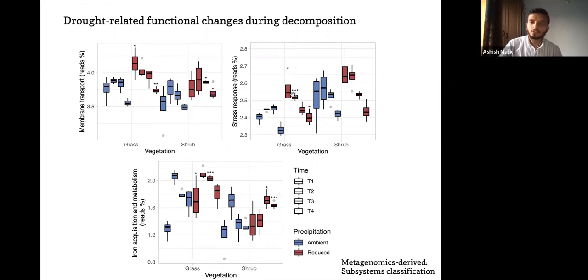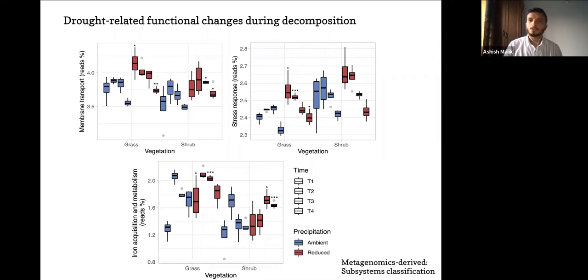Higher amount of genes annotated to stress response functional categories, both in grass and shrub, although in shrub it wasn't significant. And ion acquisition and metabolism as well, significant at many of the time points, both in the grass and the shrub vegetation. So these are the three main functional indicators of drought.